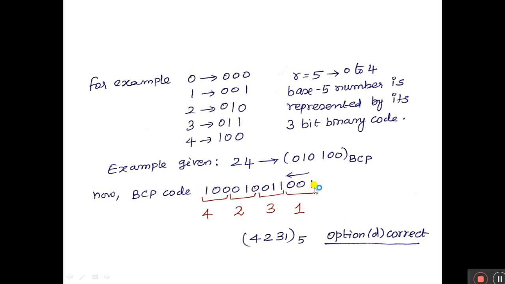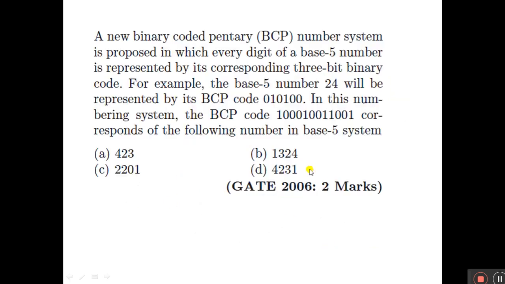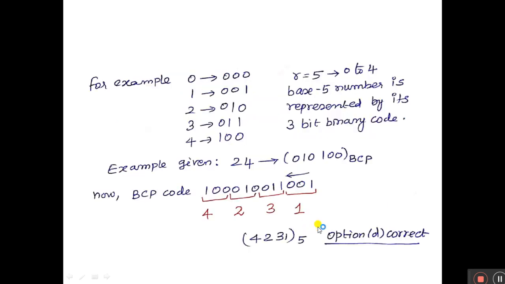So corresponding 001 is 1, corresponding 011 is 3, corresponding 010 is 2, corresponding 100 is 4. So the answer is 4231. The base is 5. So option D is correct for this question.